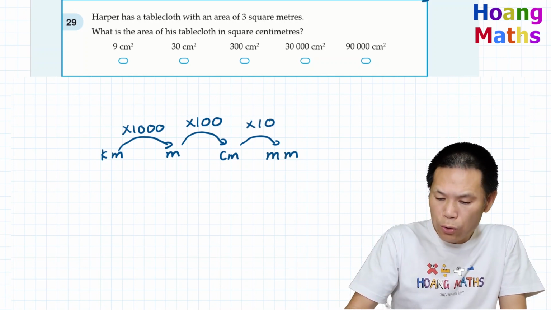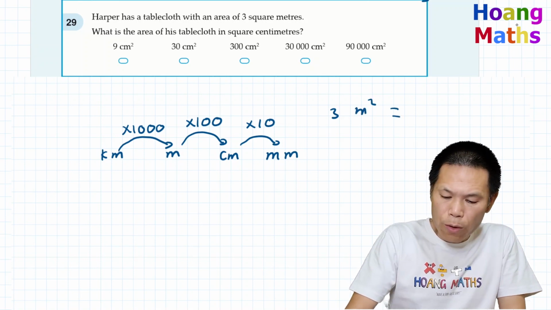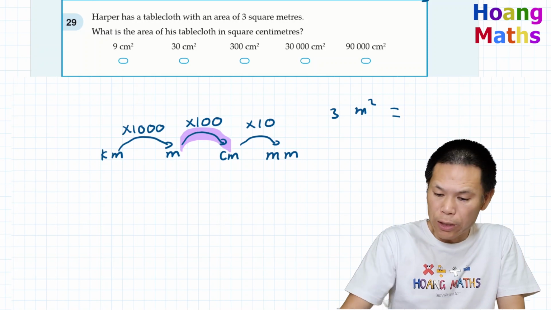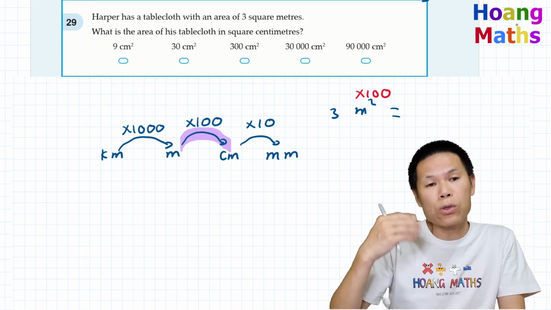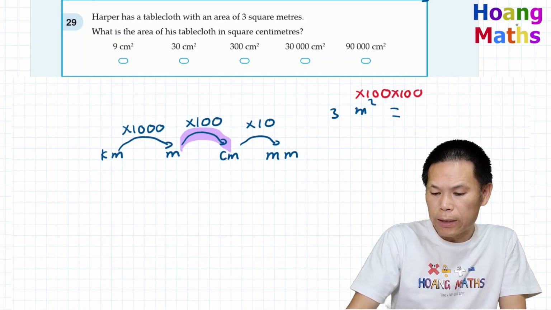Now what we do, 3 square meters. From meters to centimeters, we times by 100. But because of meter square to centimeter square, we times by 100 again. That's all it is.